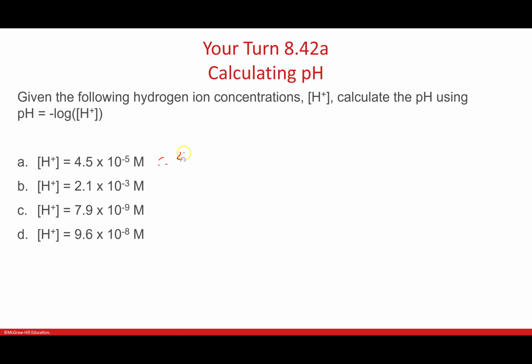Did somebody else get this? I got 4.3. Yeah, but the log function is the negative log. So it will come out negative, and then you multiply it by -1, so it's positive. I want to do the last one too. I got 7.0.